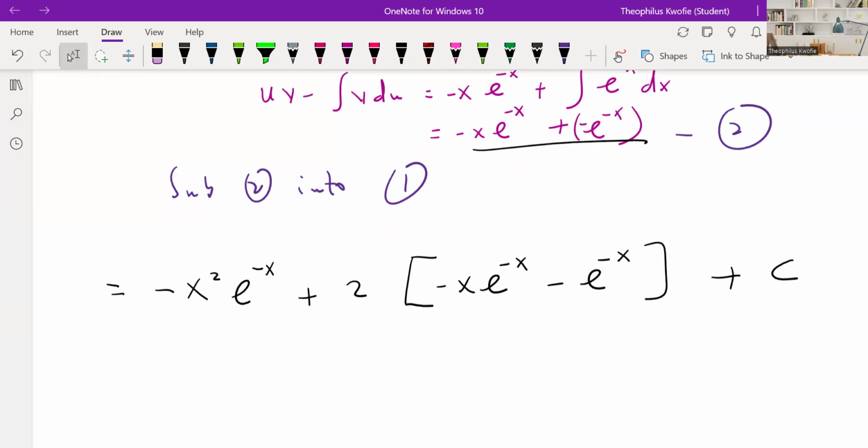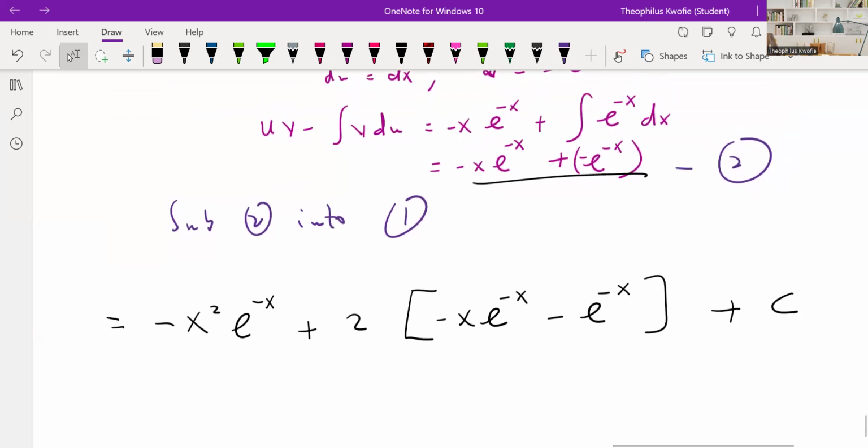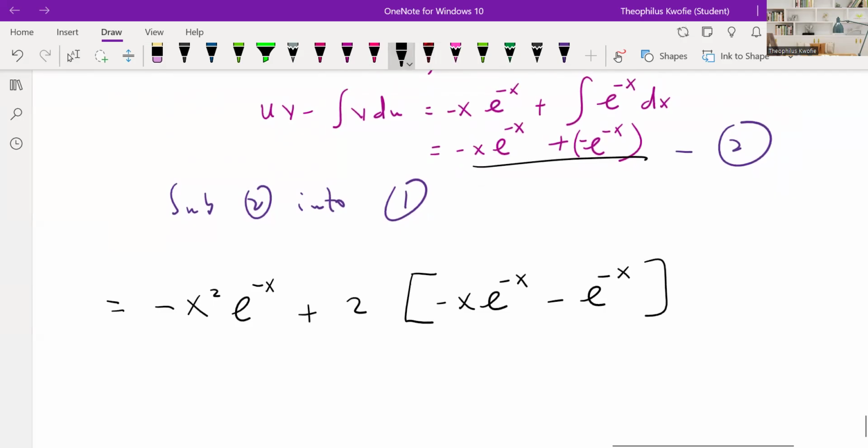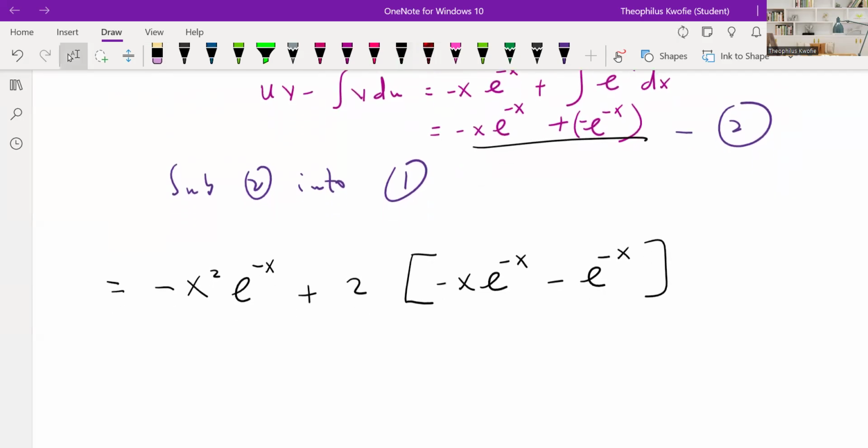Then what we are going to do is evaluate this. We don't have to add a c because we are dealing with a definite integral, okay? Now let's simplify this a bit and see whether we can simplify it.